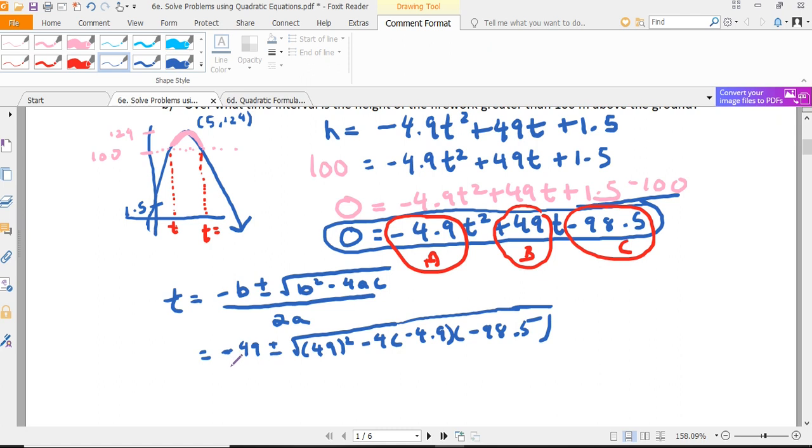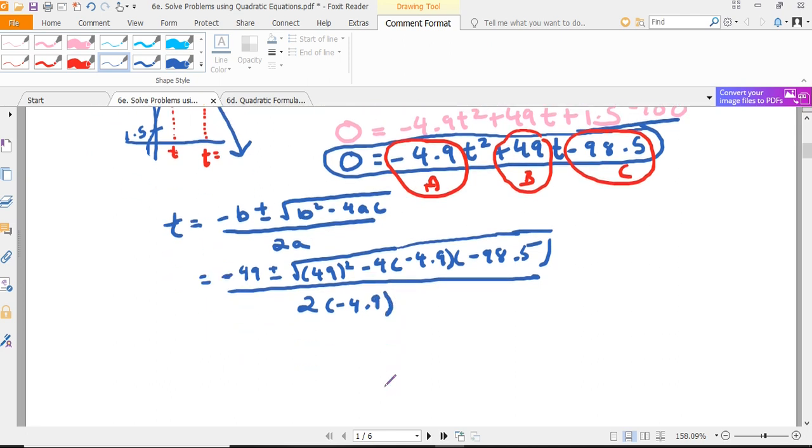Divide this whole thing by 2 times negative 4.9. So that gives me negative 49 plus or minus. Using BEDMAS, 49 squared I can't do anything to right now. I'm going to multiply negative 4 times negative 4.9 times negative 98.5 to see what I get.